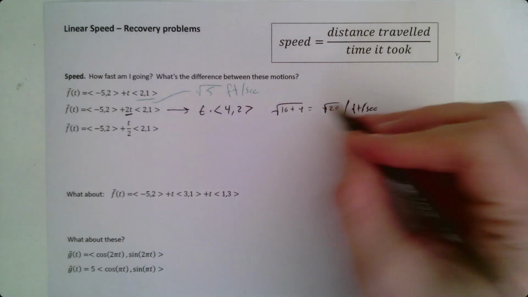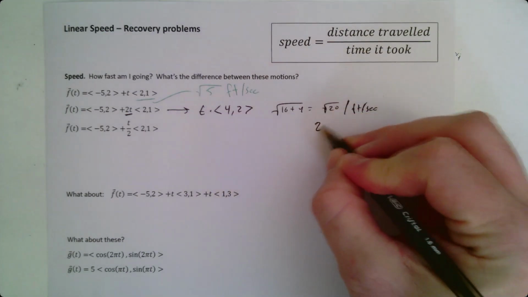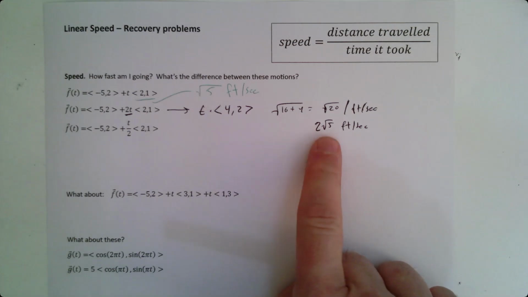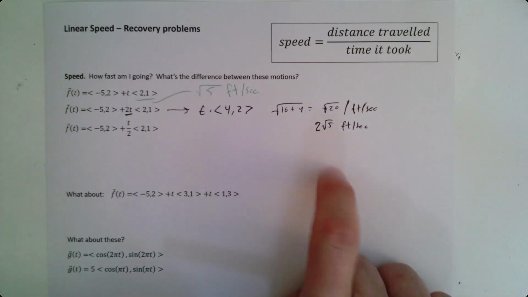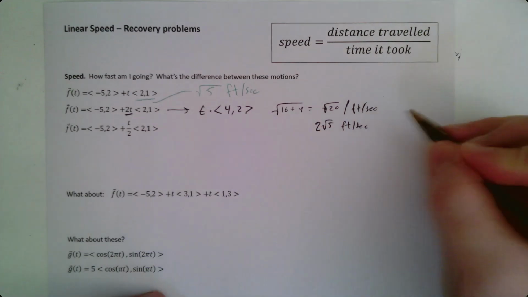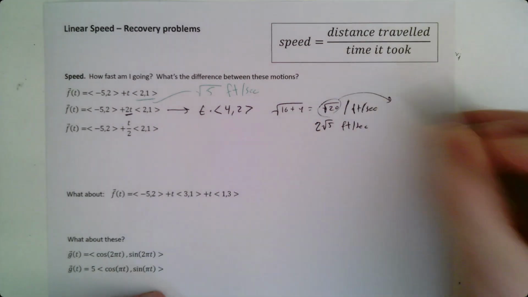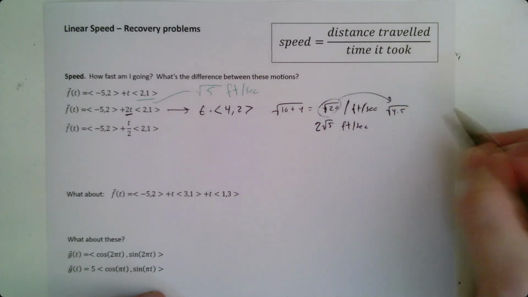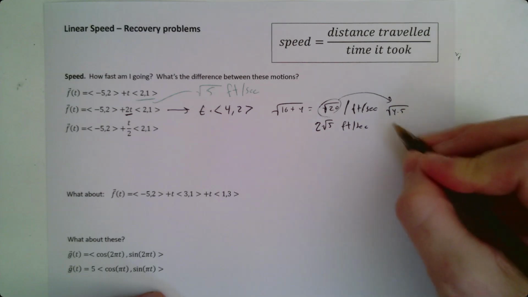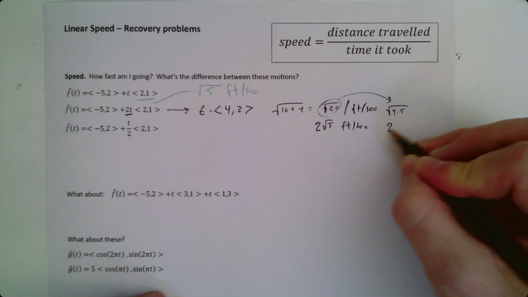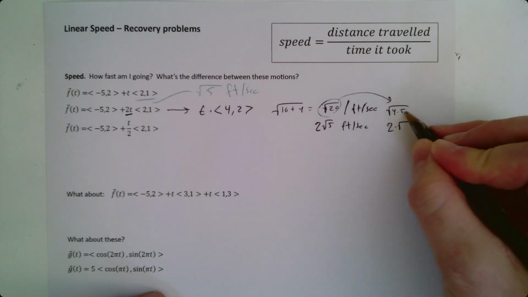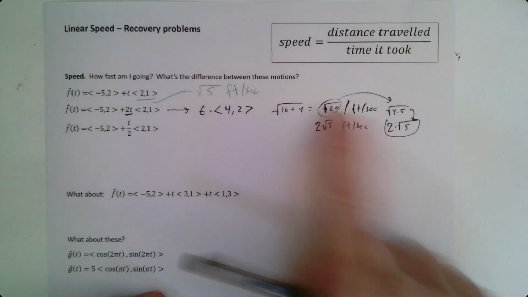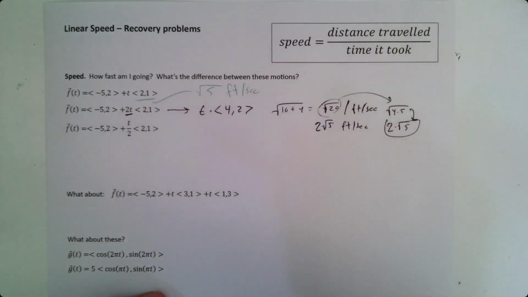So it should be the case also that I'm moving 2 root 5 feet per second, because I'm moving 2 of the root 5s in 1 second. Are these really the same? Absolutely. Let's show that they're actually the same. So 20 is the same thing as 4 times 5. If I apply the root to each of these parts separately, square root of 4 is 2, and square root of 5 is still square root 5. So you can see that I can turn the root 20 into 2 root 5, and they're really the same.